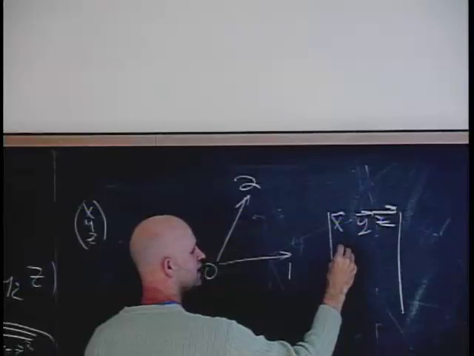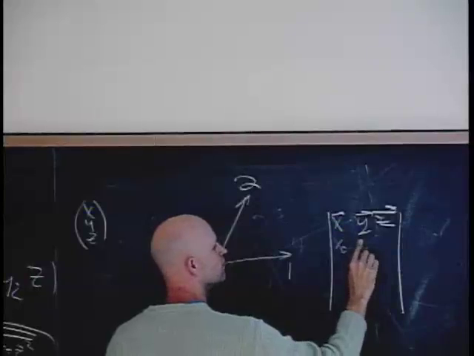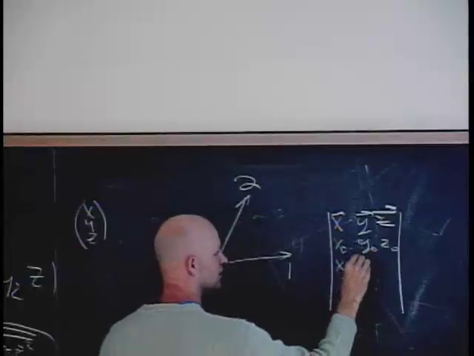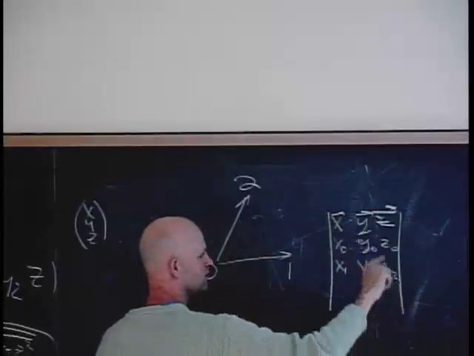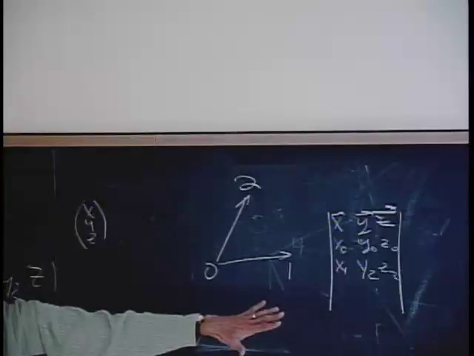Then you have x0, y0, z0. I haven't done vector algebra in a long, long time. x2, y2, z2. And then you sort of do the multiply that way, subtract off that way. That's what we're actually doing here.